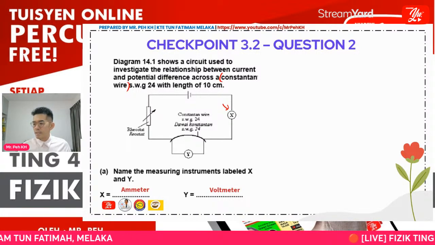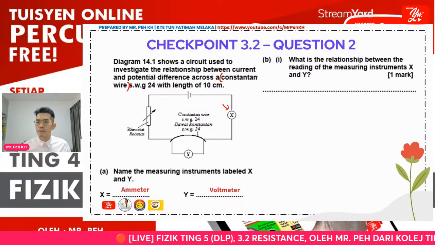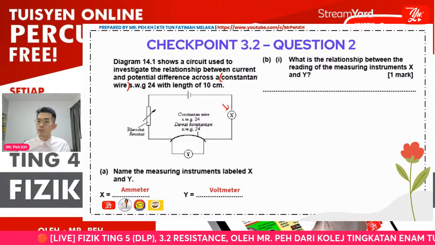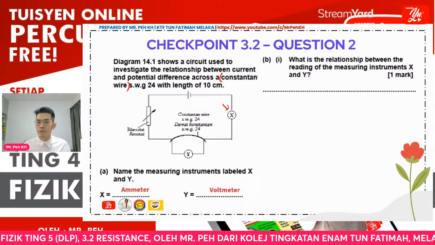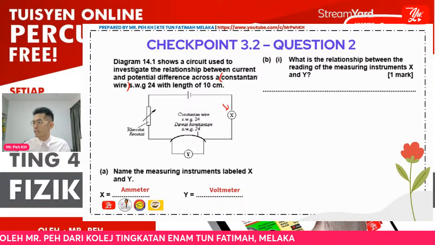Then the next question: what is the relationship between the reading of the measuring instrument X and Y? Here it is very clear that, just like I mentioned to you, the constant wire is an ohmic conductor.